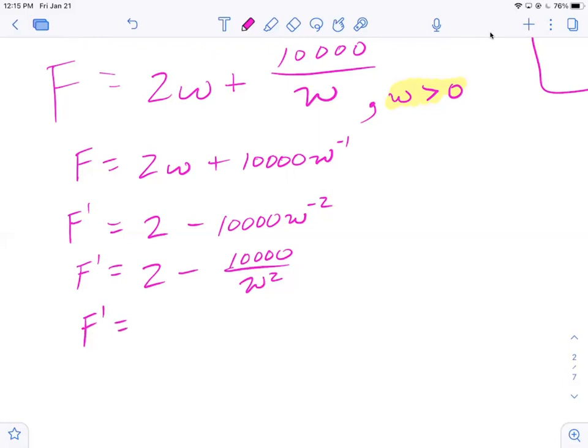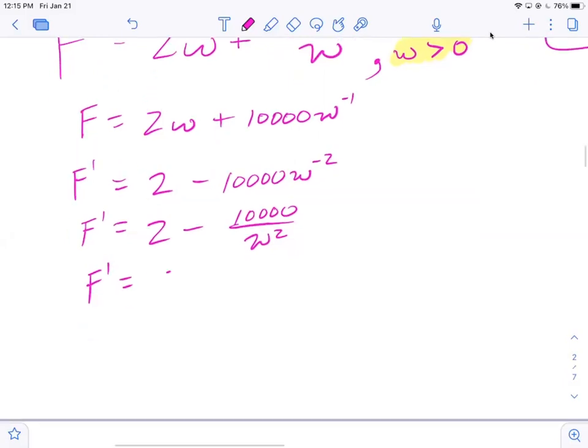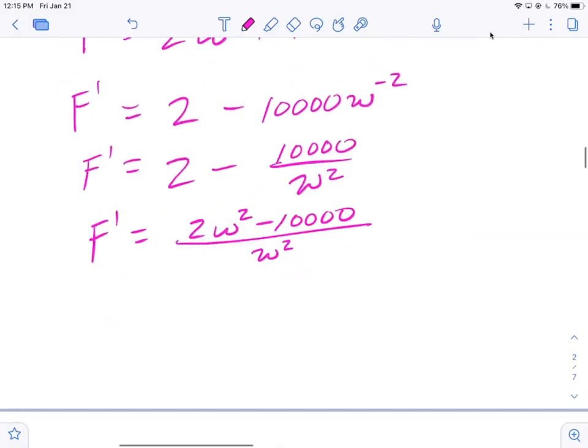The common denominator is w squared, right? So if I multiply the first one by w squared over w squared, I get 2w squared minus 10,000 all over w squared. Now from there, if you want, you could factor out a 2, and that gives you w squared minus 5,000.